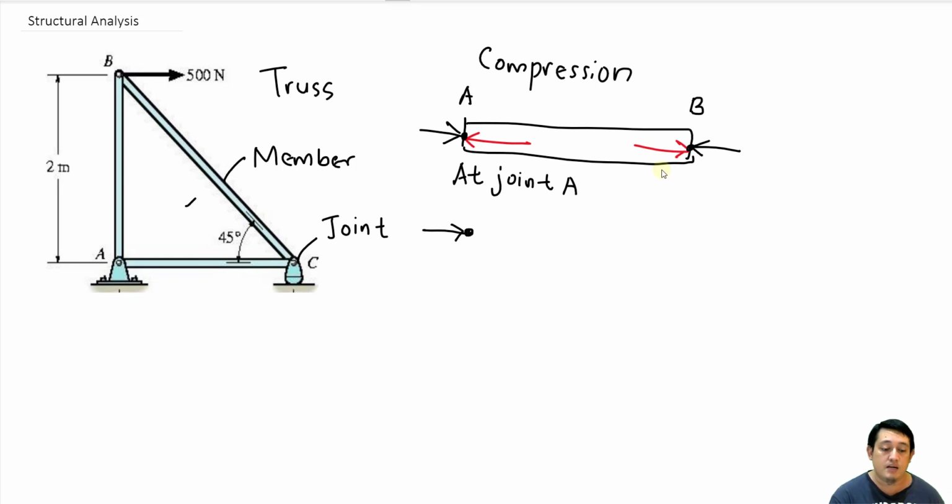This is the free body diagram at joint A, and then we will have the reaction force created by this member. We label it as F_BA. Why do I put BA? Because the direction is from B to A.